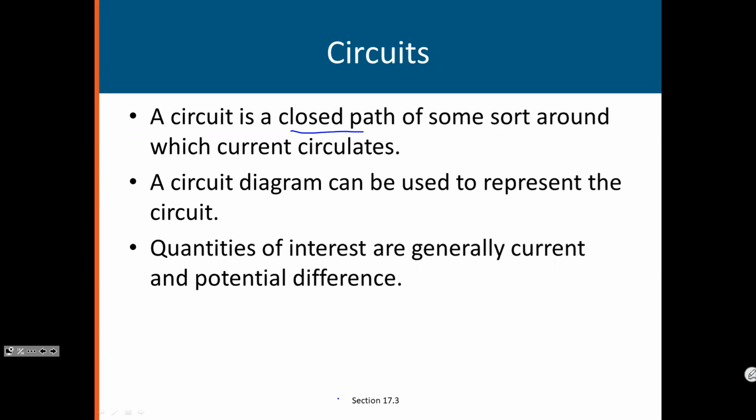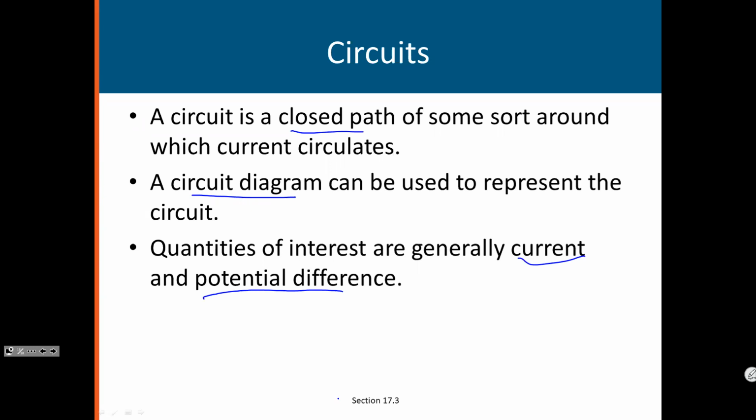A circuit diagram can be used to represent the circuit. A diagram consists of the wire represented by a line, the battery represented by a certain symbol, and so on. Quantities of interest are generally current and potential difference.